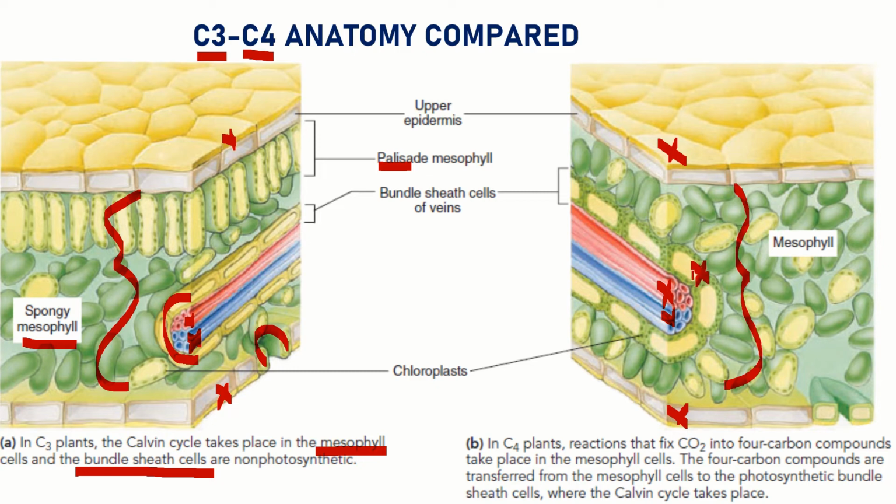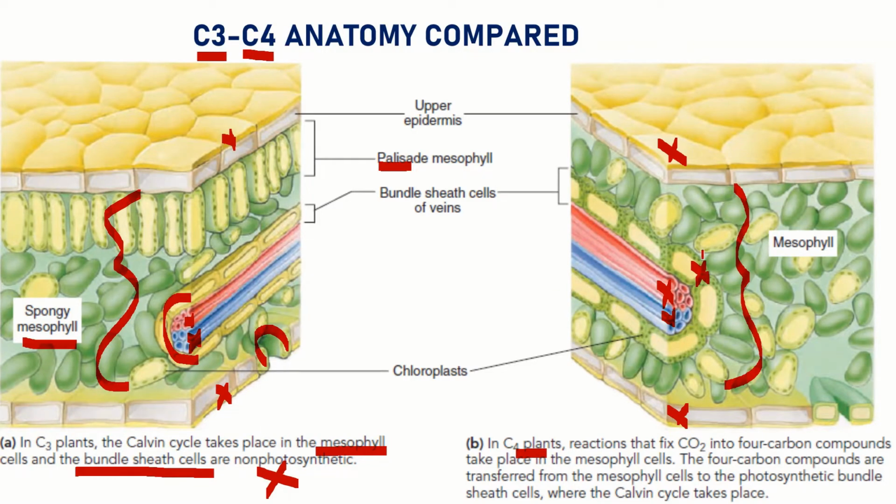How do they differ? Point 1, palisade and spongy differentiation is not there in C4 plants, but that is not our point. Our point is that this bundle sheath tissue, bundle sheath cells are photosynthetic in nature in C4 plants. While in C3 plants, bundle sheath cells are not photosynthetic in nature.